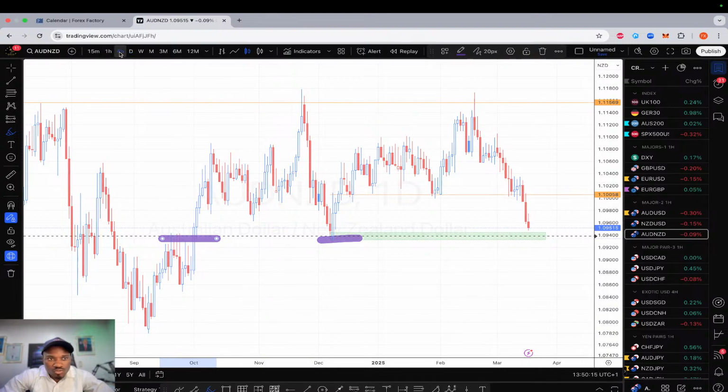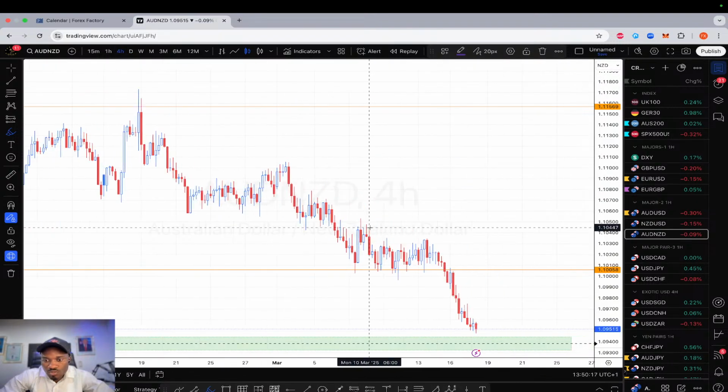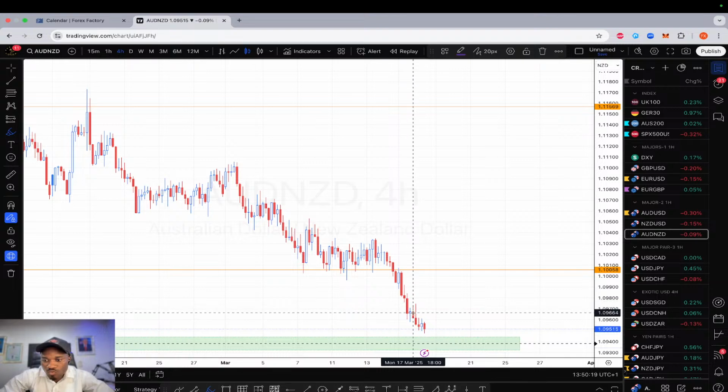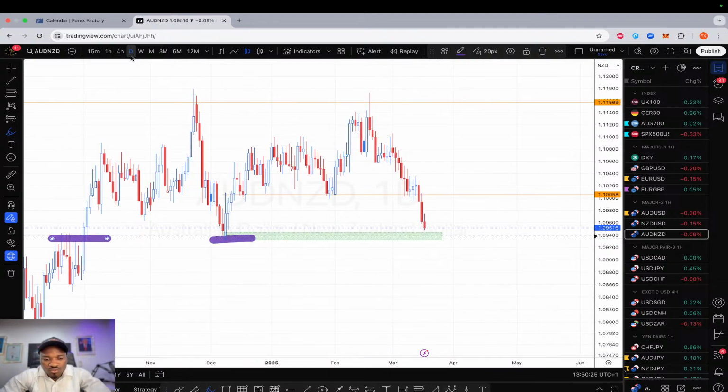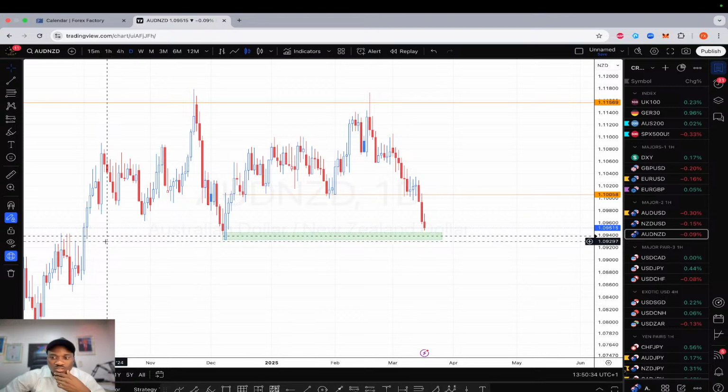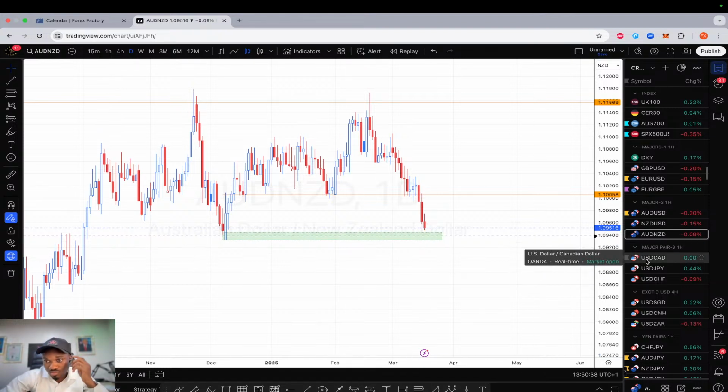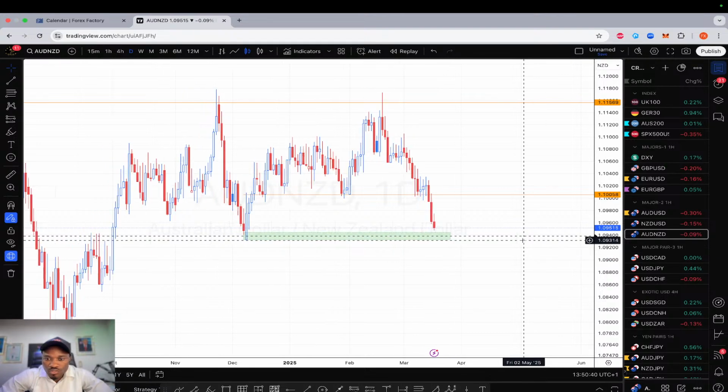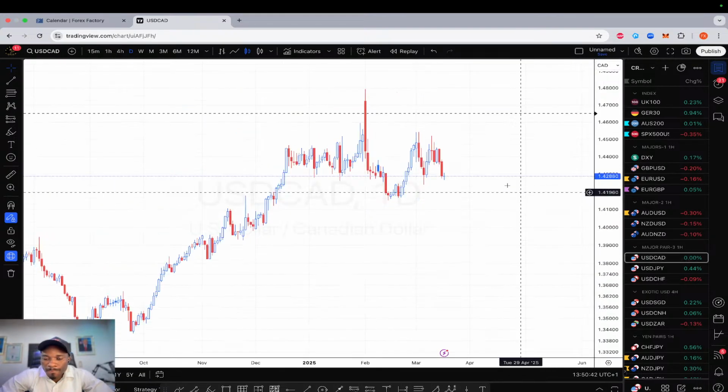So what you got to do right now is to patiently monitor reactions at the price of the 1.09400. But these are kind of a very difficult currency pairs to trade. So if you want to be looking out for a possible sell or buy on AUD New Zealand, you got to be very, very careful, because these are complicated currency pairs. There's a lot of manipulation, expectancy on these currency pairs, so you got to be very careful.